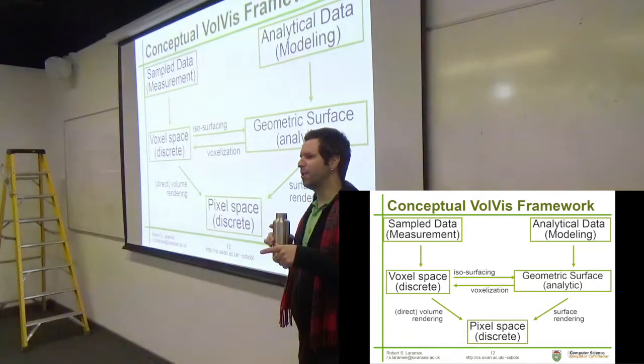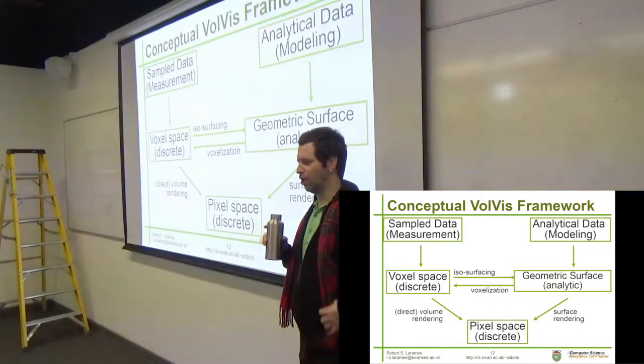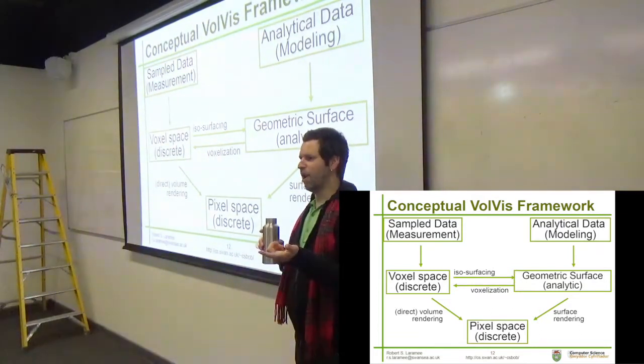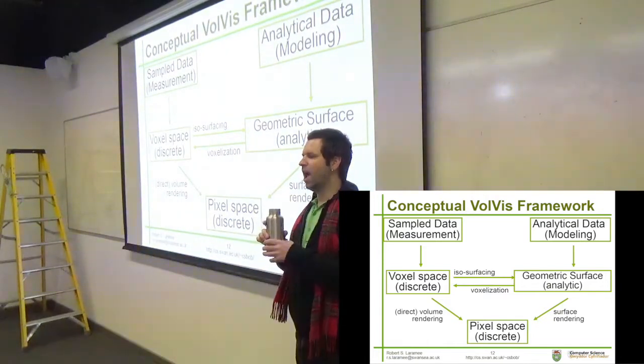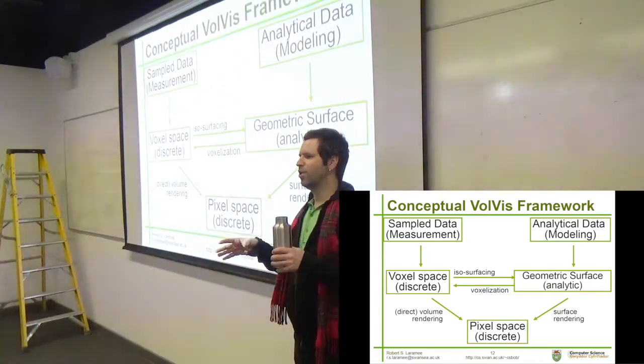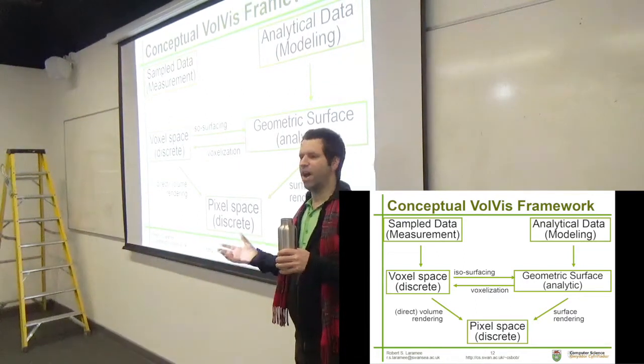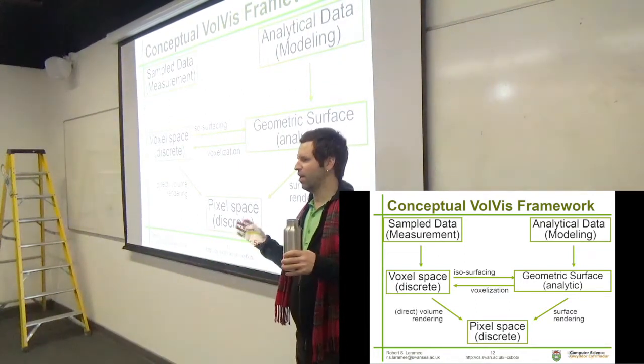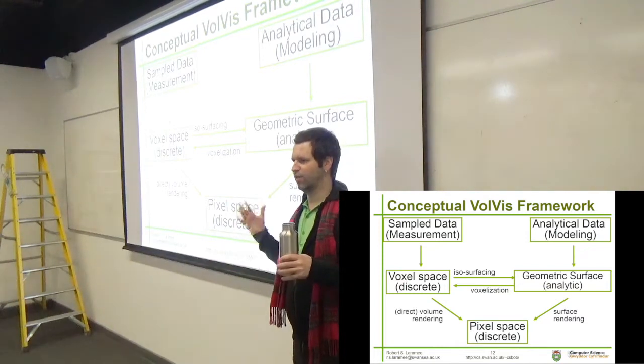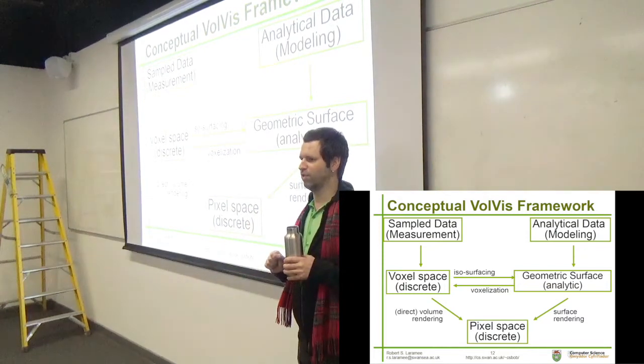But I do remember the first time I saw a talk from a computer graphics researcher who was writing a program to reconstruct cities from photographs. And I was blown away. I thought, that's amazing, reconstructing a whole city from a set of photographs.